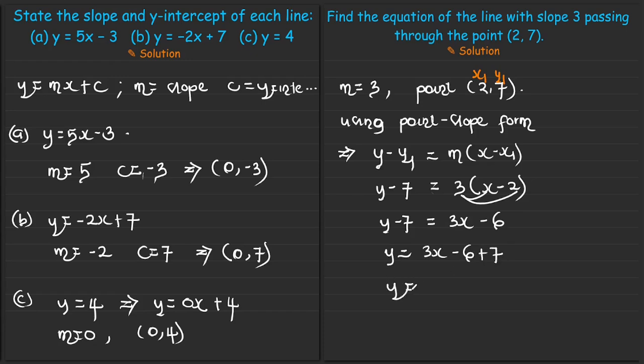And that gives us y equal to 3x plus 1. As simple as that. So therefore, our y is equal to 3x plus 1. That is the equation of the line with slope 3. As you can see, it has a slope of 3, and then it passes through this point.